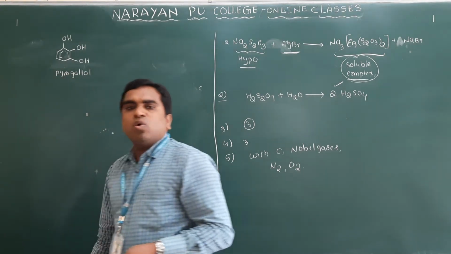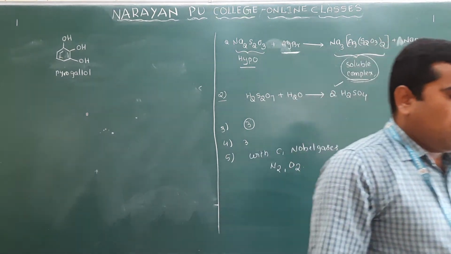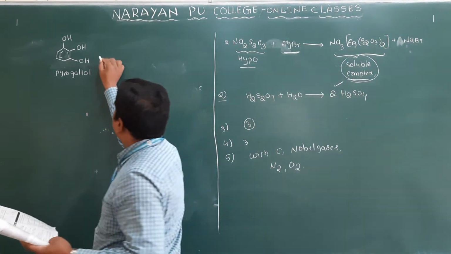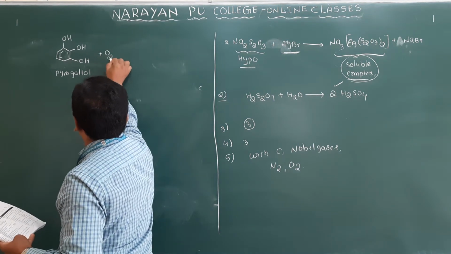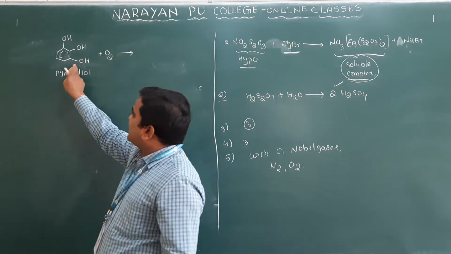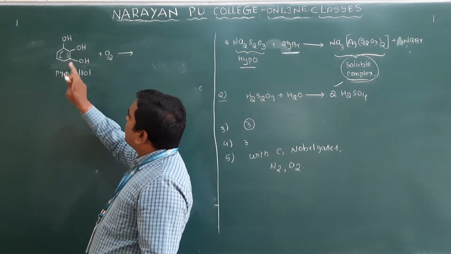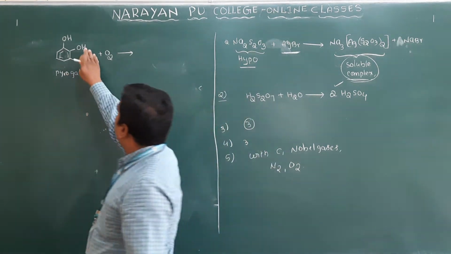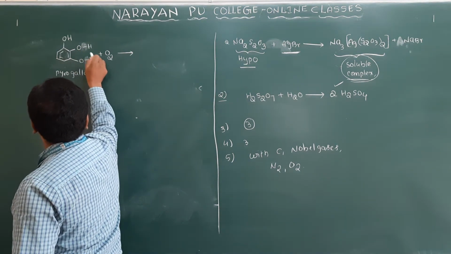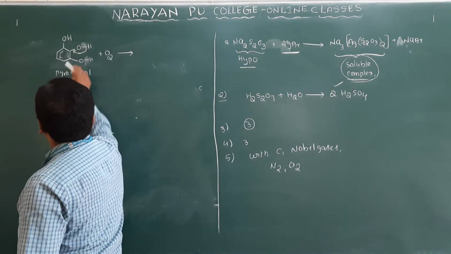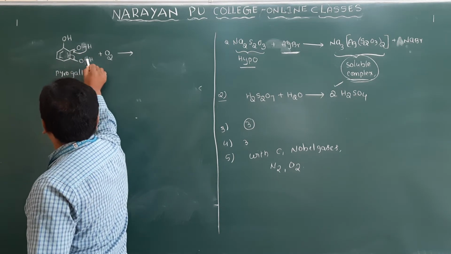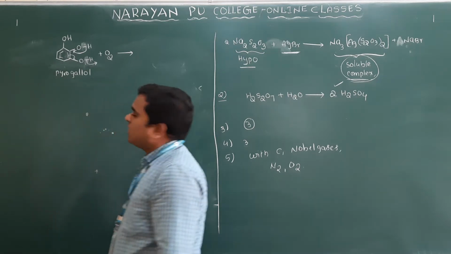Pyrogallol absorbs oxygen, and it oxidizes the alcohol to keto groups. Simple. What happens here is, the hydrogen and this bond will come here, it will become a double bond, and this hydrogen will move here.